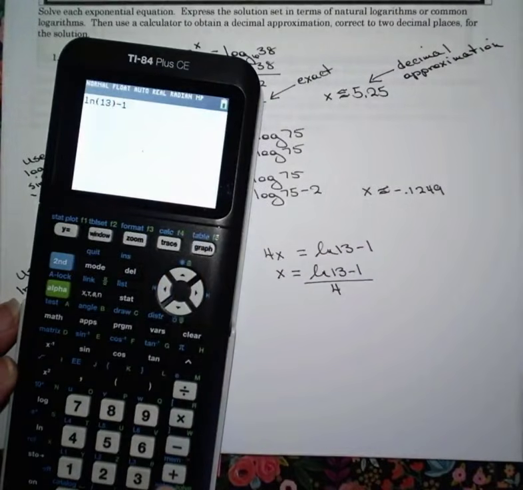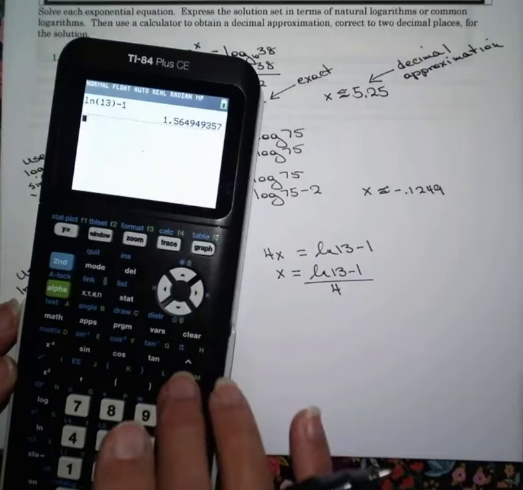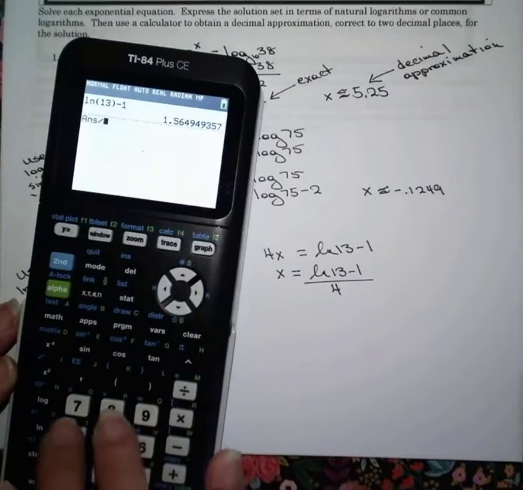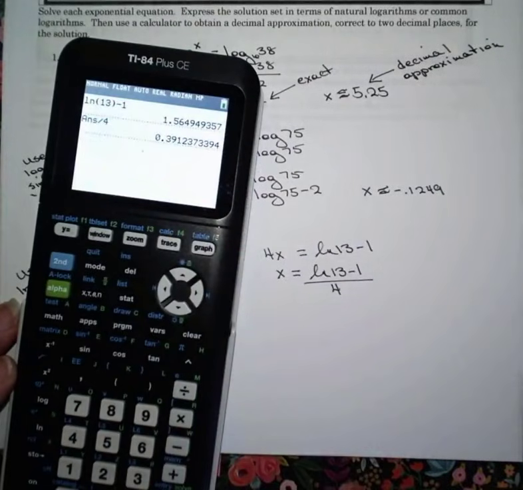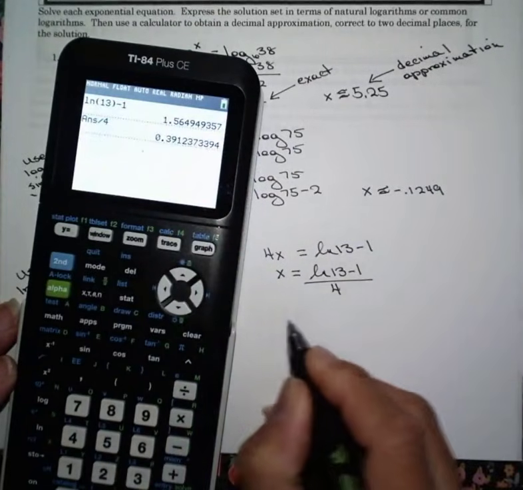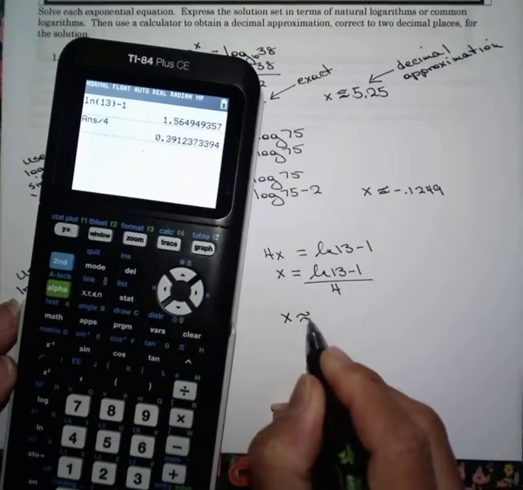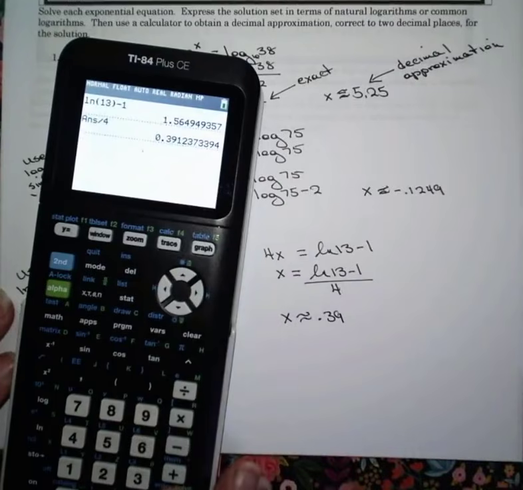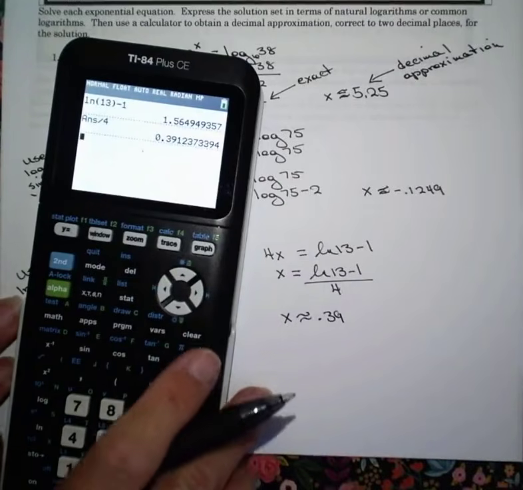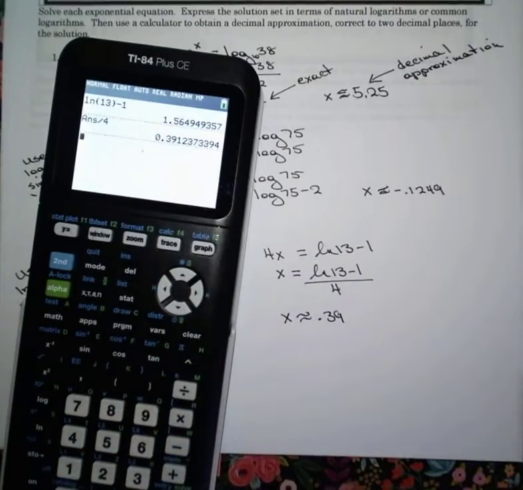Or I can hit enter, let it get that answer, and then say divided by 4, and it'll divide this answer by 4. And I end up getting x approximately equal to 0.39. Let's be careful with those, because your calculator does understand order of operations very well.